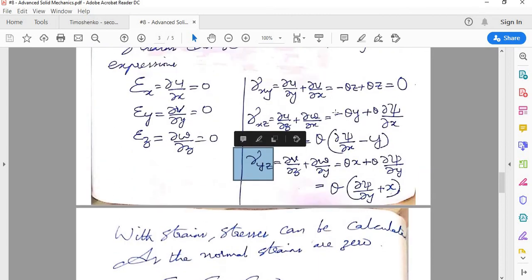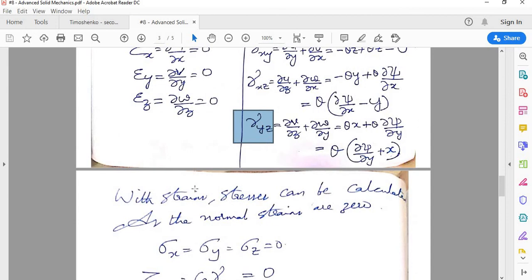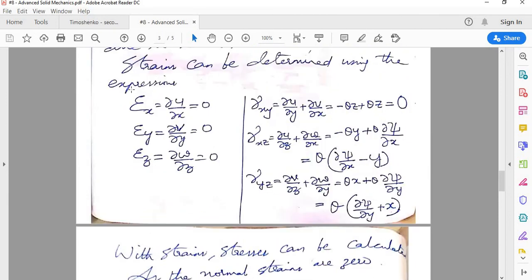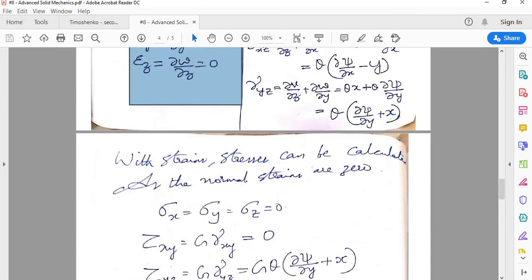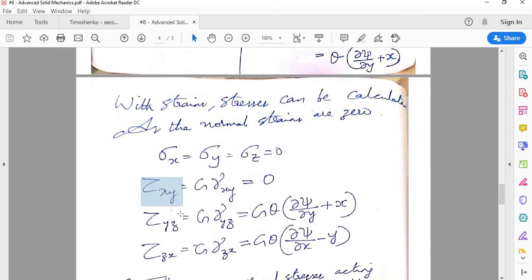So you have these strains. From the strains you can find out the stresses. The normal stresses depend on the normal strains, and all the normal strains are 0, so the normal stresses are also 0. For shear stresses, we know the expression: it is modulus of rigidity into shear strain, right?